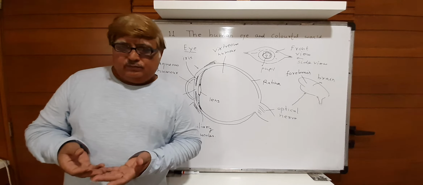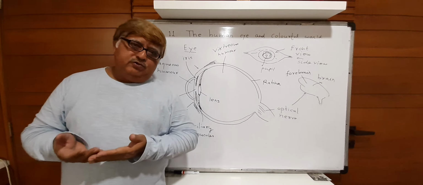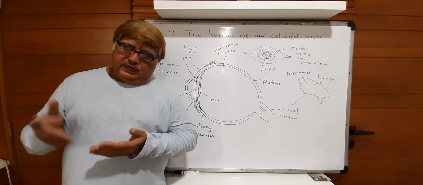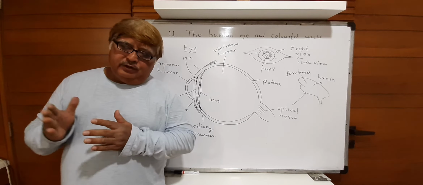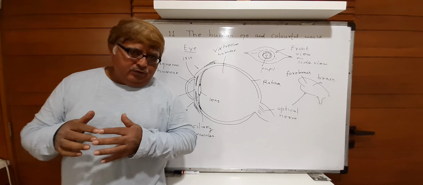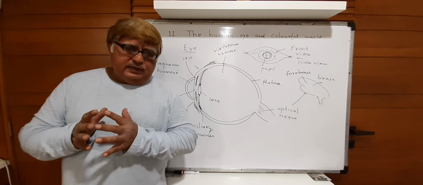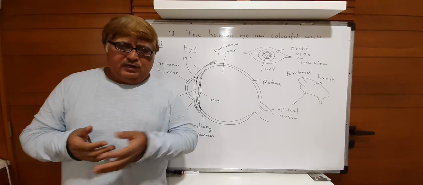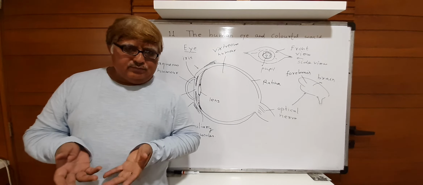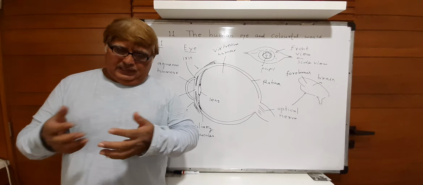Suppose in summer at noon you are playing outside in extreme intense light, and the moment you enter your room, temporarily it looks like you are not able to see anything, and we use the words 'andhar aa gaya'. Actually, slowly you adjust to the darkness of the room.